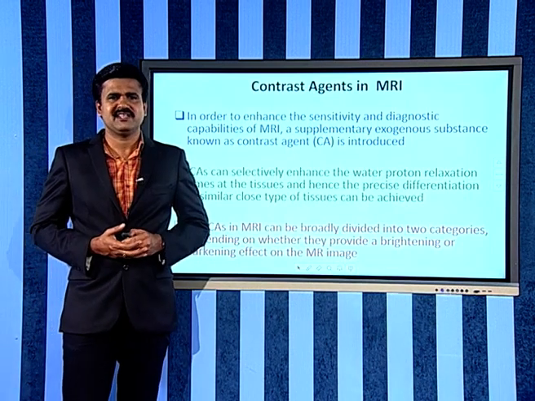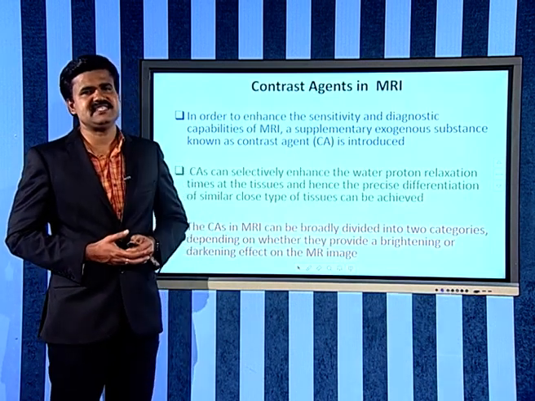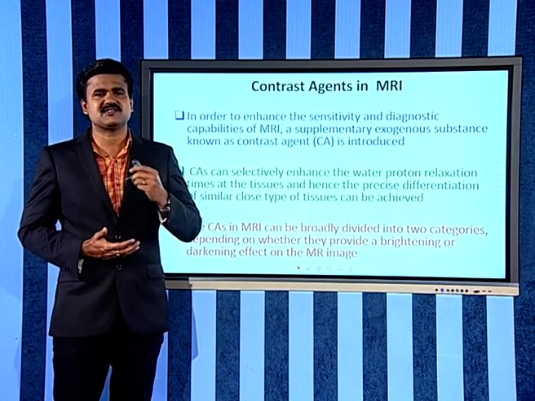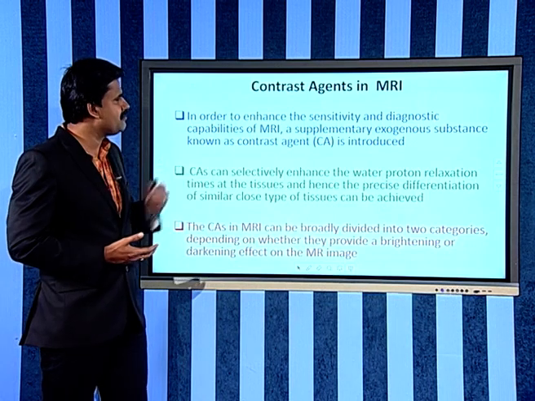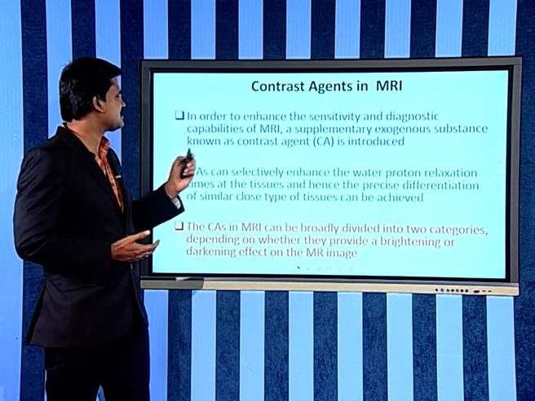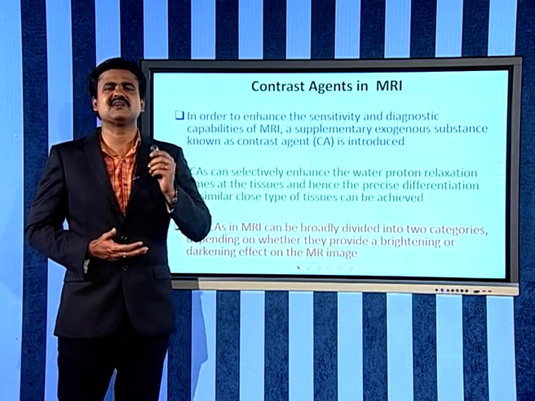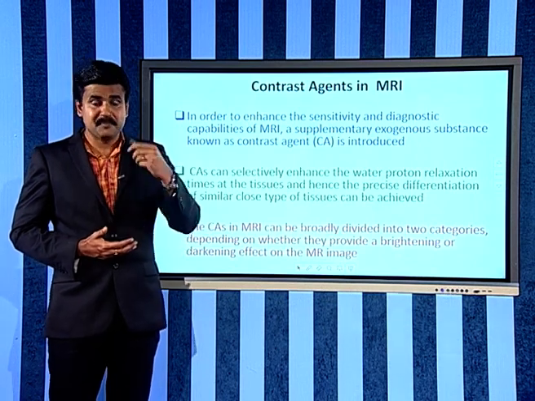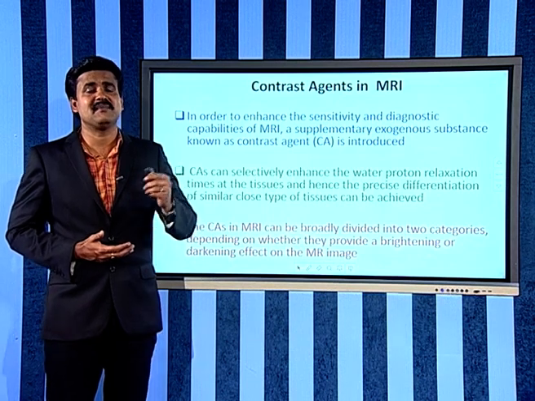In order to enhance the sensitivity and the diagnostic capabilities of magnetic resonance imaging, a supplementary exogenous substance known as a contrast agent, denoted as CA, is introduced prior to recording of the MRI image.